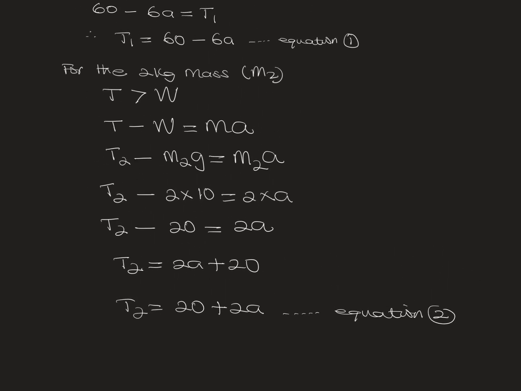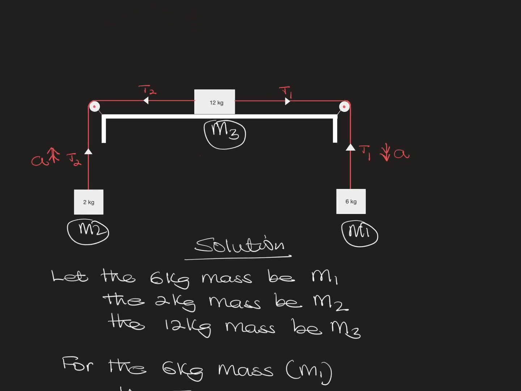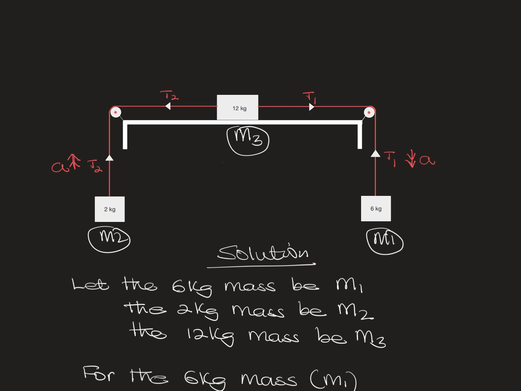Okay? So let's consider the 12 kilogram mass. For the 12 kilogram mass, it is going to accelerate towards the right, because the 6 kilogram mass is going to accelerate downwards and the 2 kilogram mass is going to accelerate upwards, so the 12 kilogram mass has to move towards the right.